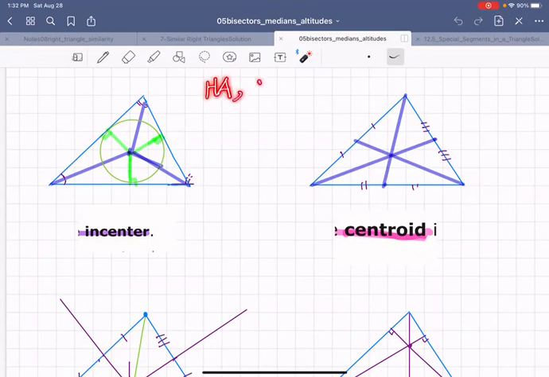You have HA, hypotenuse angle, LA, leg angle, HL, hypotenuse and leg, and LL, leg and leg. So this angle and this side, you can choose, say, LA. Oh, sorry, this is HA, hypotenuse and angle. So you can prove these two triangles to be congruent. You can either use AAS or you can use HA to get these two congruent.